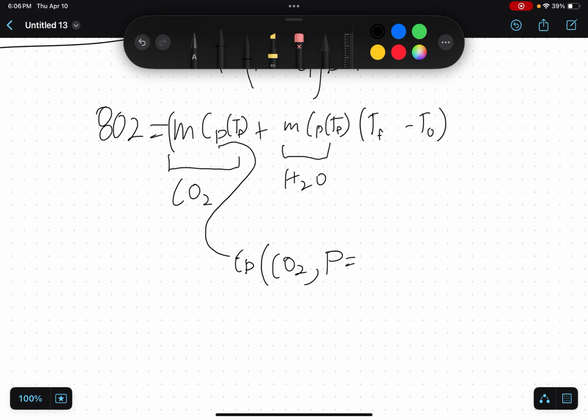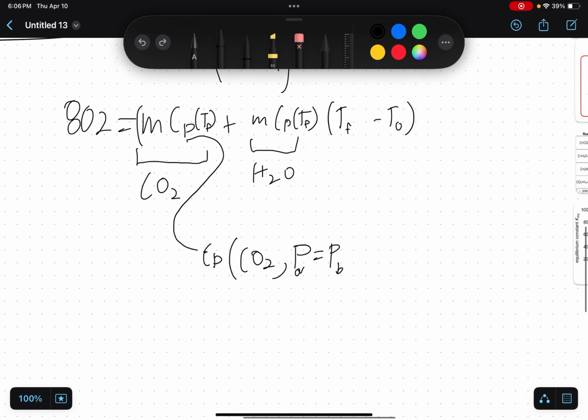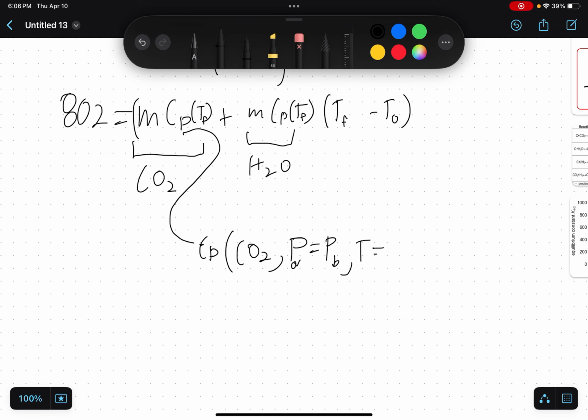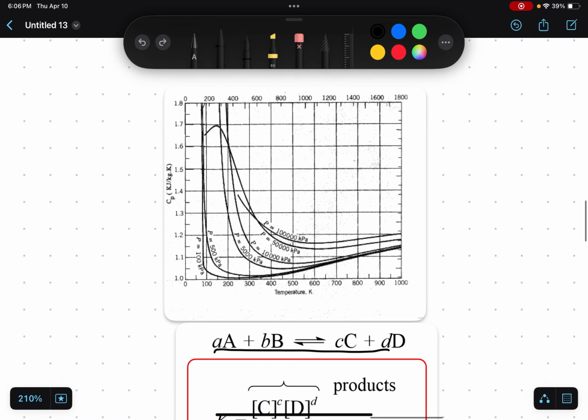With a gas turbine, you just always assume it's the same pressure, but you get the point. So P after equals P before. And then T equals T final. I messed this up. Okay. And same with this one, but you would just change the CO2 to H2O, because it would be a different line, basically.